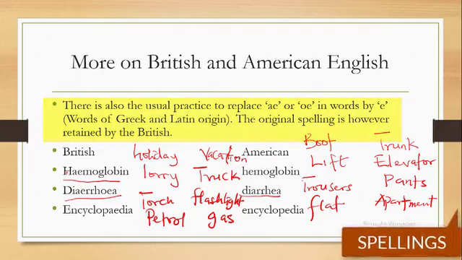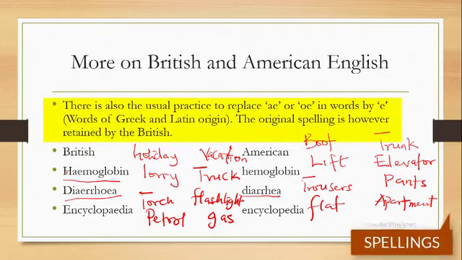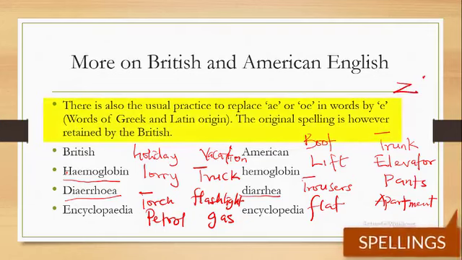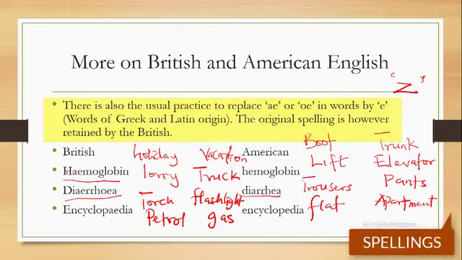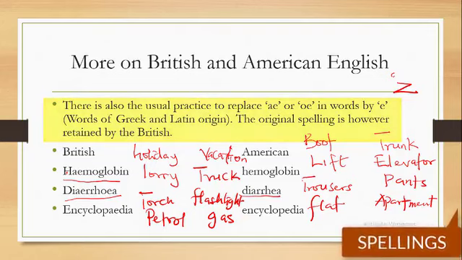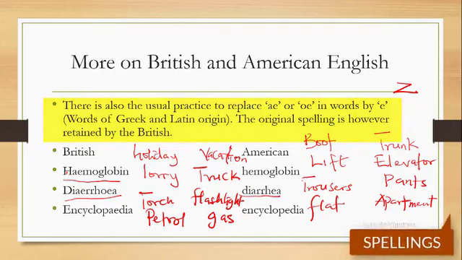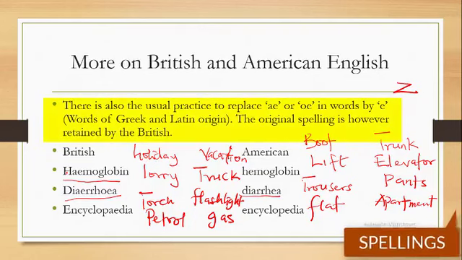Okay, we could even have the letter Z. I know we are used to this letter Z. It is pronounced zed in British English, but it's pronounced zee in American English. Okay, we have numerous examples like that.